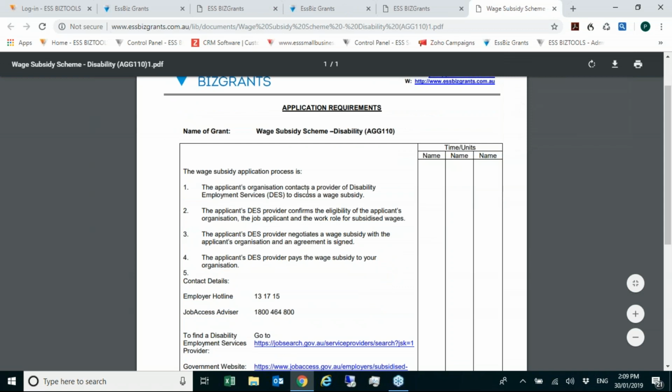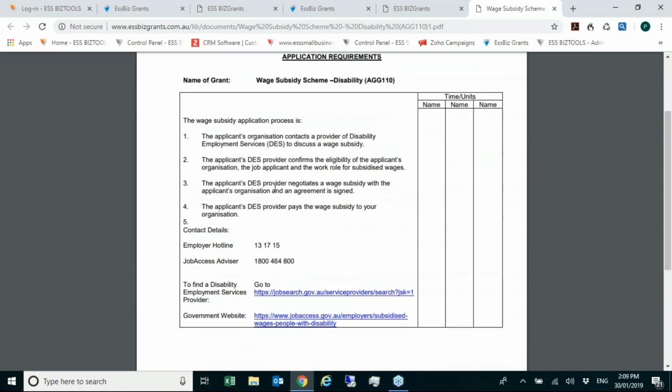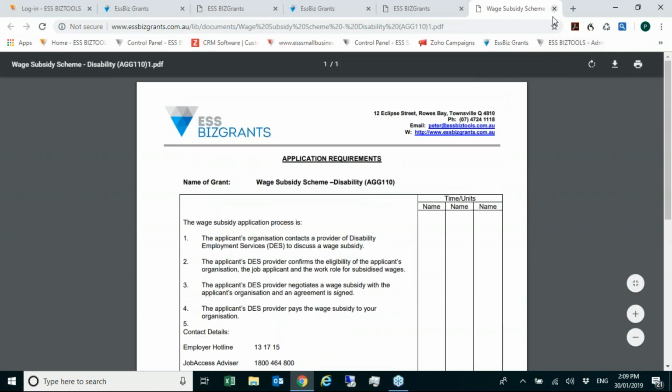We've gone through and dissected what the government department wants to know for this application, and we've done this up for accountants to use if you want to work out how long it's going to take. Now, this is a pretty short one. Some of these go for pages because there's a fair bit of work in doing the grant. But that's there, so it's part of the system that you've got.